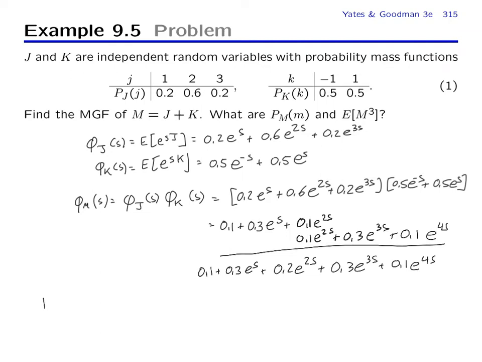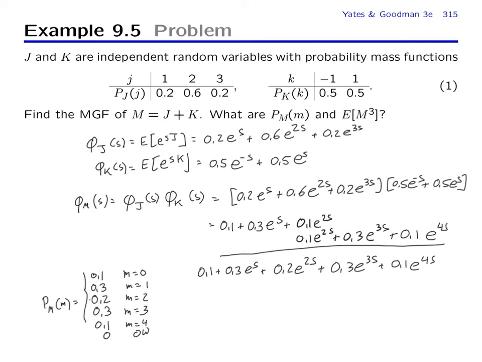I can just write it down here. The PMF of M is equal to 0.1 at m equals 0, 0.3 at m equals 1, 0.2 at m equals 2, 0.3 at m equals 3, 0.1 at m equals 4, and 0 otherwise.